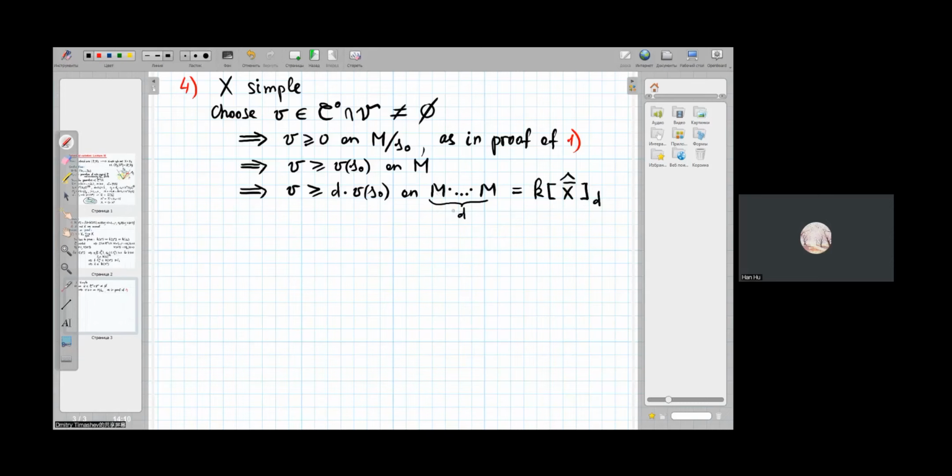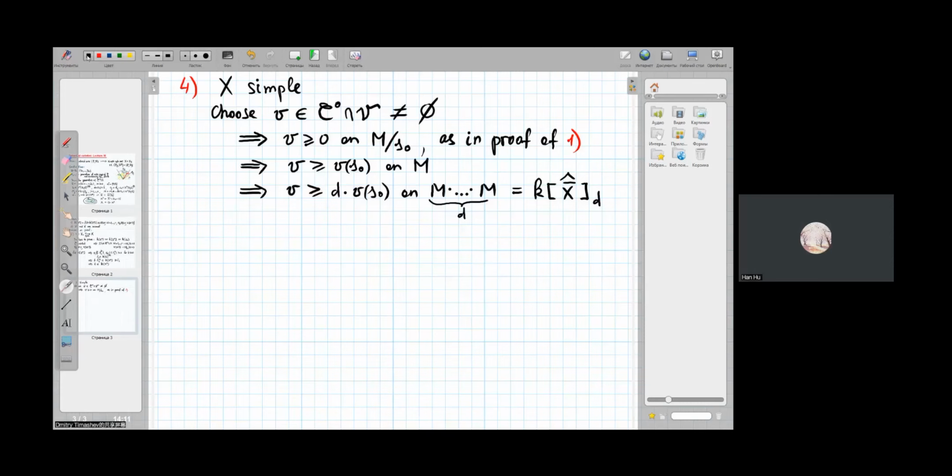And the space M times M times M, d times, is the space of homogeneous forms of degree d in projective coordinates, or the same, homogeneous polynomials of degree d on the affine cone over X bar. This is by the multiplicative property of the evaluation. So this inequality implies this inequality.